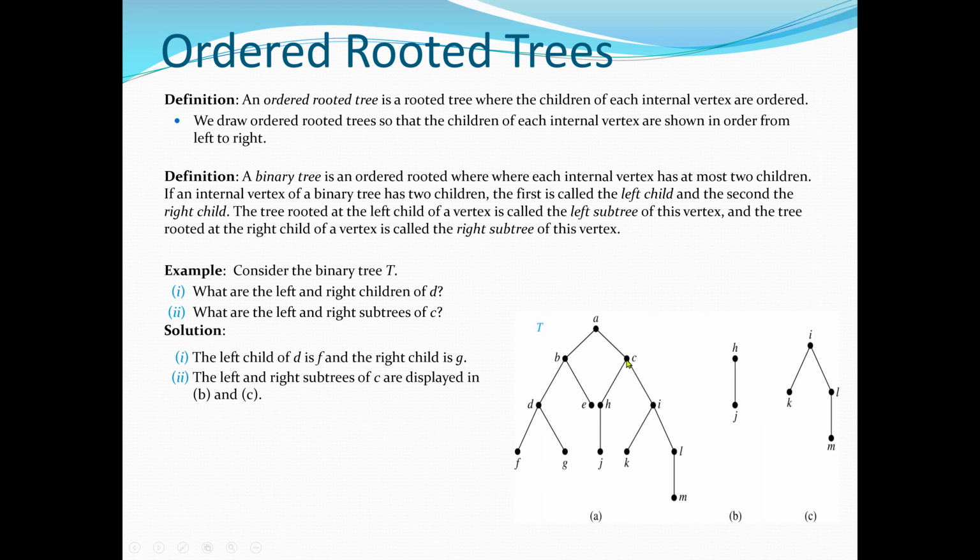So go to C. The left side will be only H and J. And then the right side will be I, K, L, M. So I, K, L, M will be the right subtree of C. In this case, we consider C as our root. So to the right will be I, K, L, M.